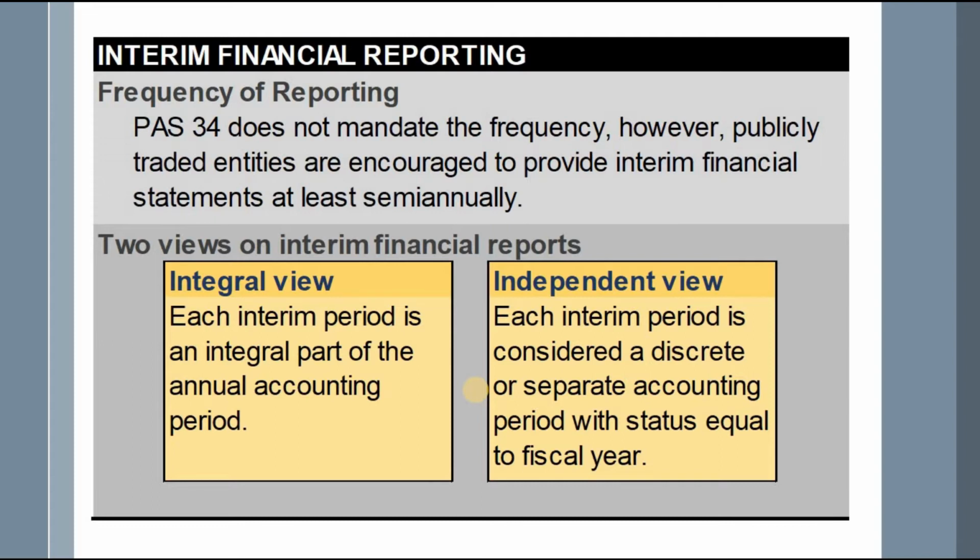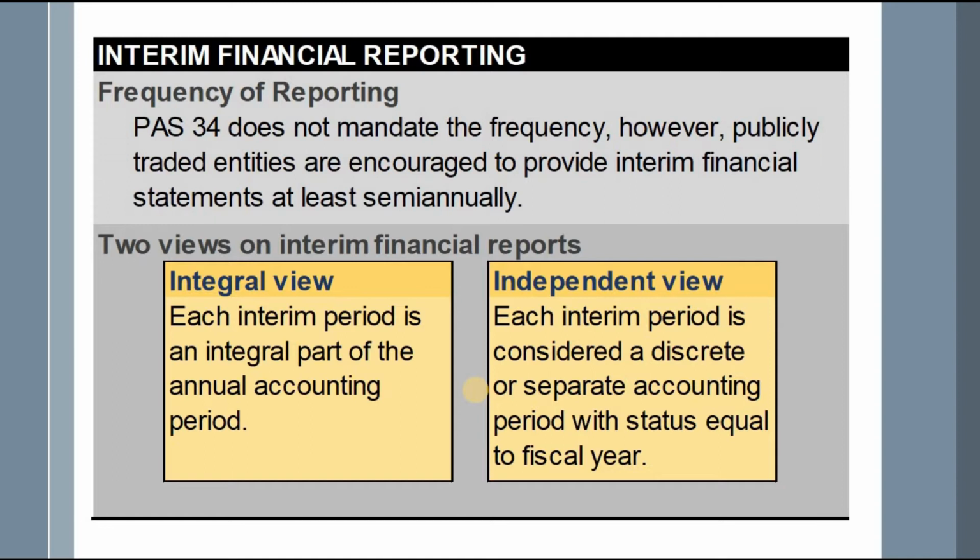Under the independent view, each interim period is independent from one another and can be considered different from another interim period during 1 year. Which of these two views is applied by the standard PAS 34?